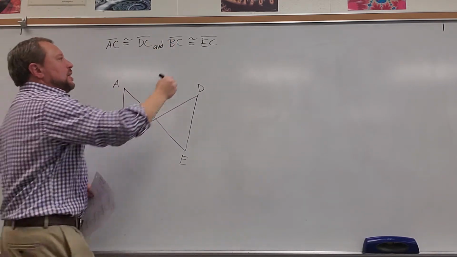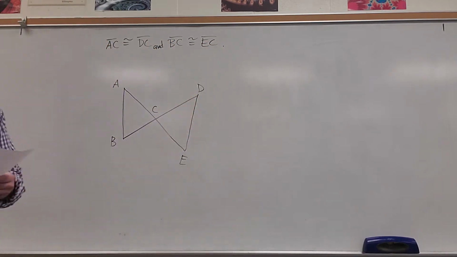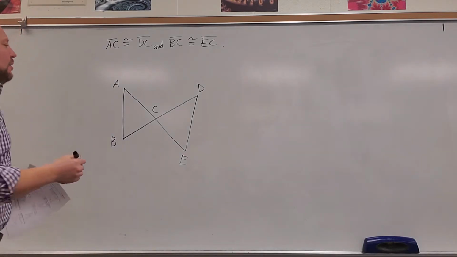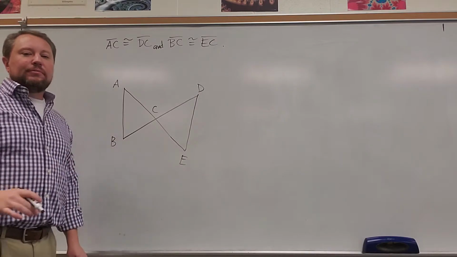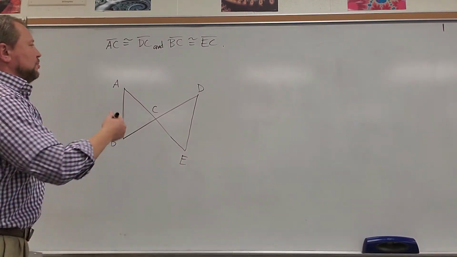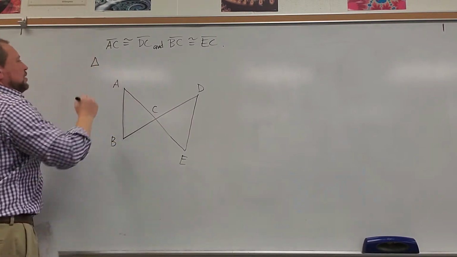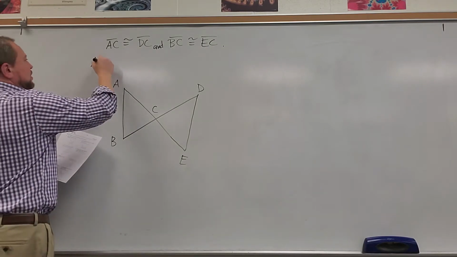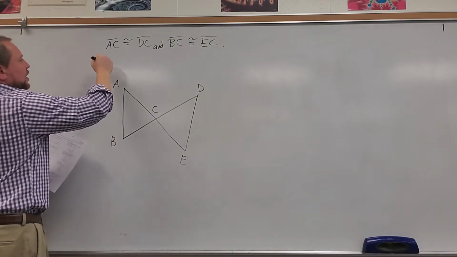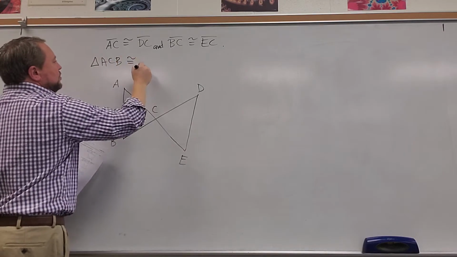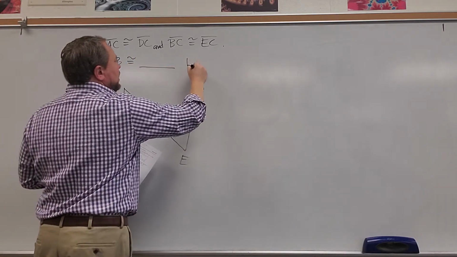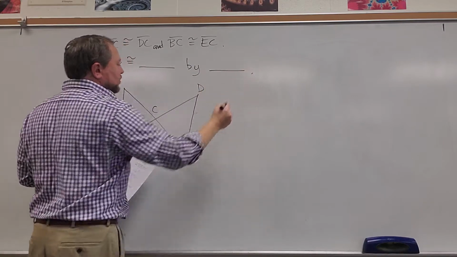So let's say they just gave you those two bits of information. What I want you to be able to do is mark your drawing, and then complete the following statement. Because they'll have a statement that says then that triangle ACB is congruent to blank and by blank.